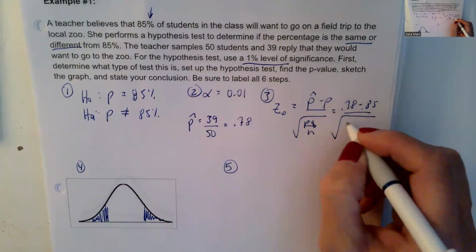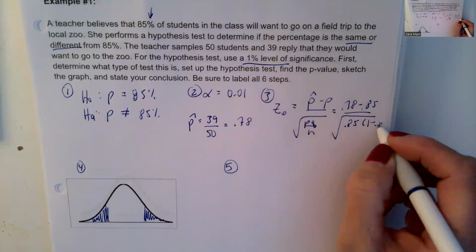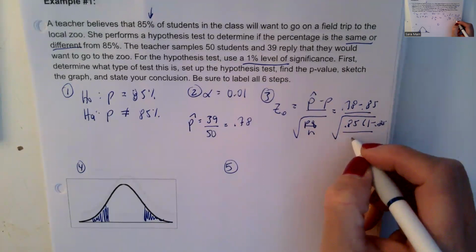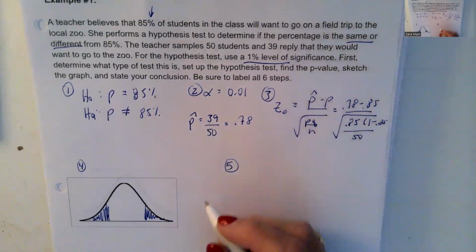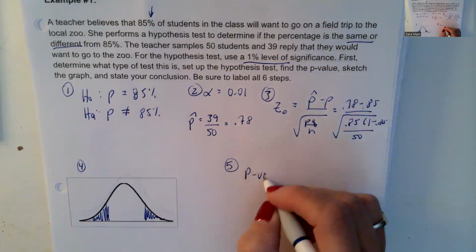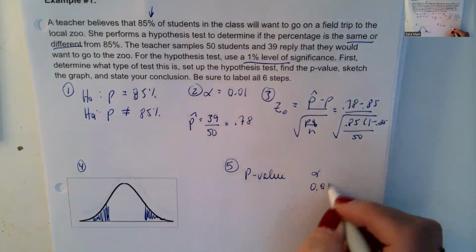So it's 0.85 times 1 minus 0.85 divided by n, and n would be 50 in this case. Okay, so we're going to go to the program and it's going to give us the p-value, and then we're going to compare that to alpha, which is 0.01.